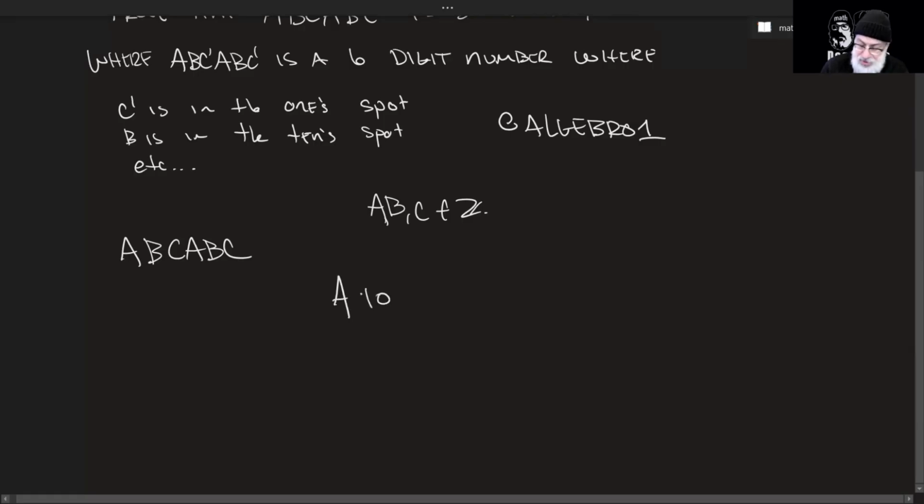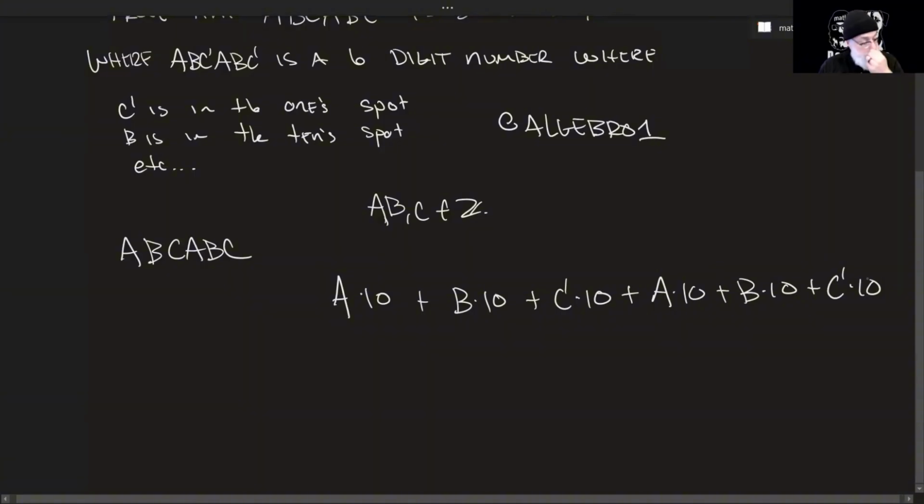So I'm going to multiply each of these unknown integers by powers of 10. So C times 10 to the 0, and then we do descending powers from the highest to 0.